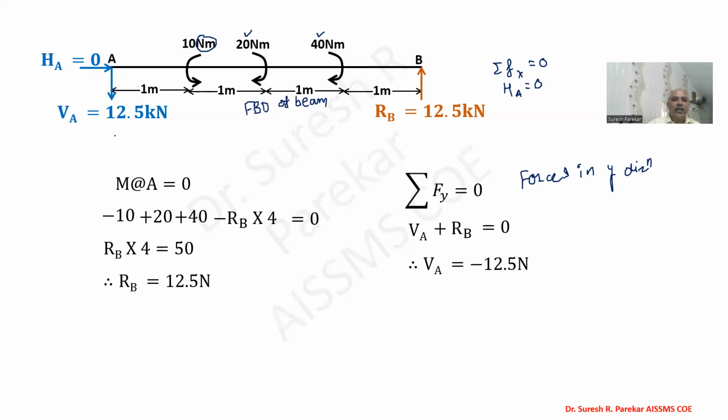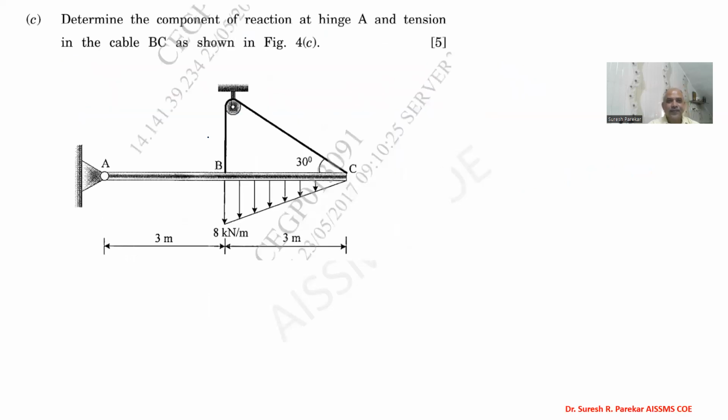Minus shows it is downward. Whatever arrow you considered at the start, you have to reverse it and show the correct direction. So VA is 12.5 kilonewton downward, RB is 12.5 kilonewton, and RA equal to VA equal to 12.5 kilonewton, that is the reaction at A.